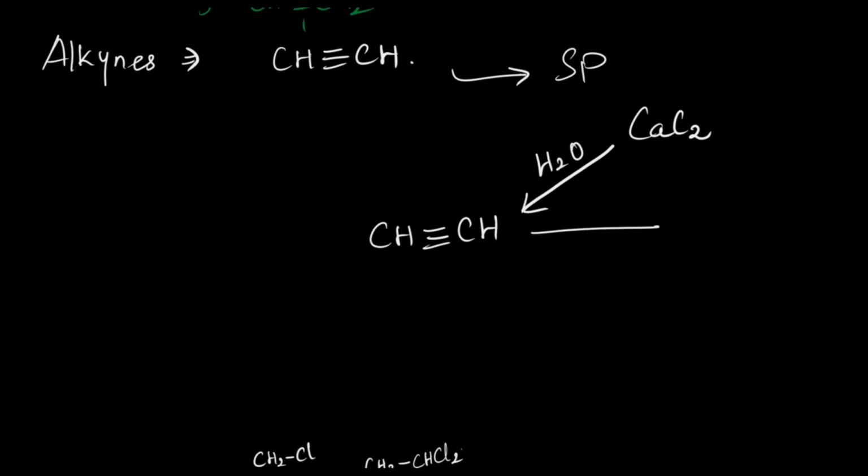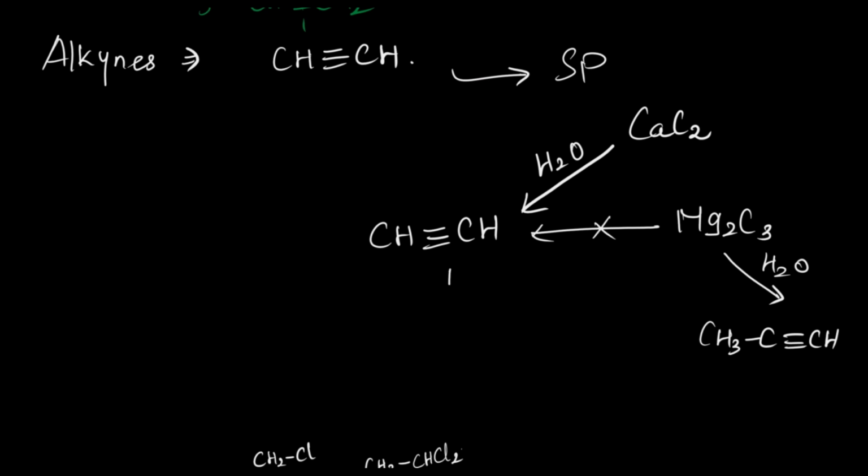For example, if I am taking Mg2C3, then this won't be the product. The product is CH3 C triple bond CH for the hydrolysis. The second method of producing acetylene or a triple bonded system is dehydrohalogenation.